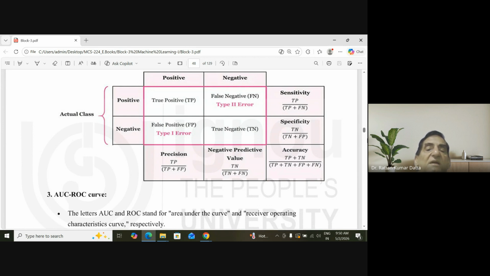So these are the combined values. So this is where these things are there. Accuracy is given by this relationship, TP plus TN, and so on. TP is calculated here, TN is calculated here, and FP, all these are calculated here.